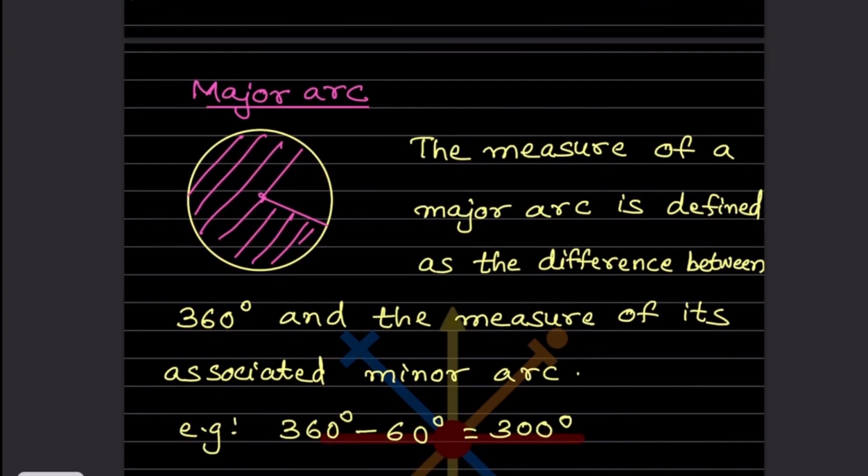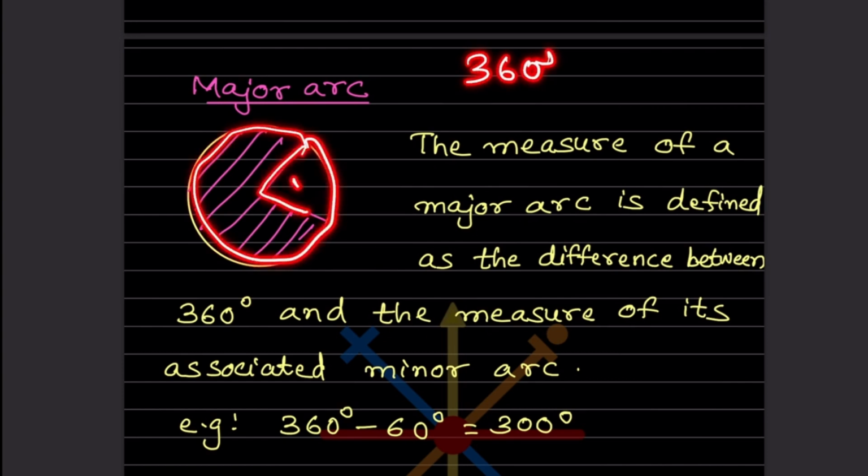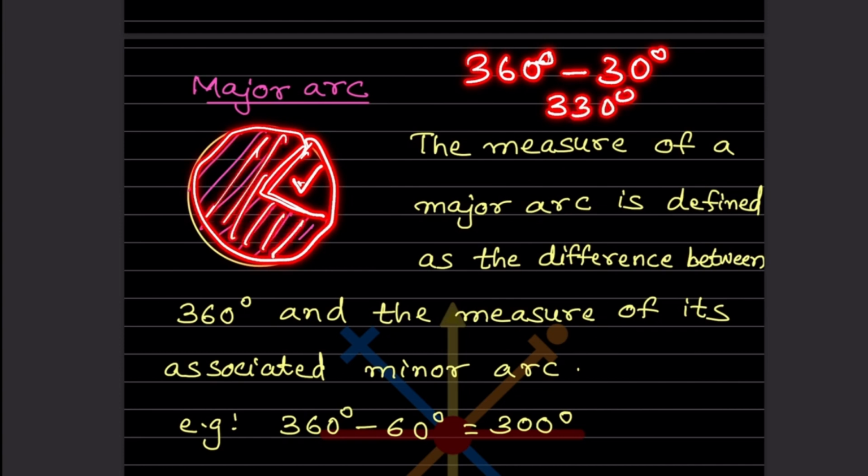The measure of the major arc is defined as the difference between 360 and the measure of its associated minor arc. This whole angle is 360 and this part is the minor arc. So if we subtract, suppose this is 30 degrees, from 360, that is going to be 330. This is called the major arc.